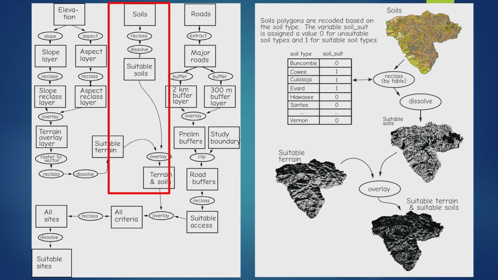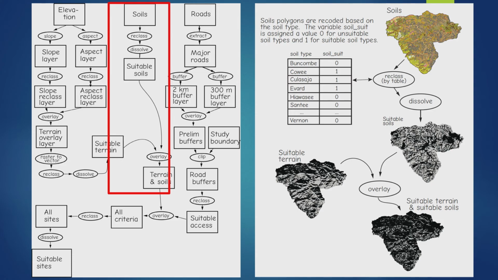What does dissolve do? We talked about it like a week ago. Doesn't it delete parts that are in the same bubble, I guess you could say? Yeah, it removes the boundaries between two polygons that share a common value for a particular field.